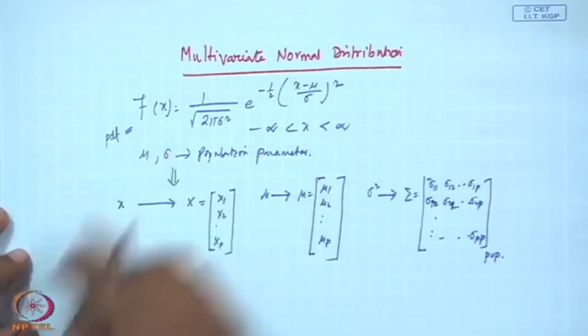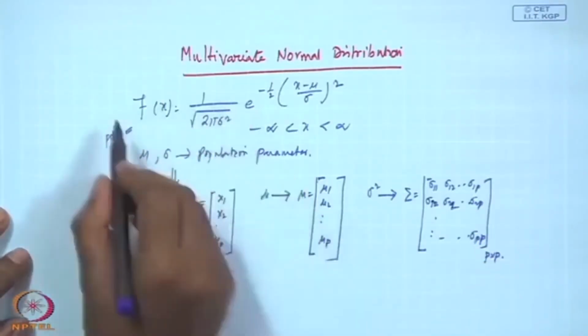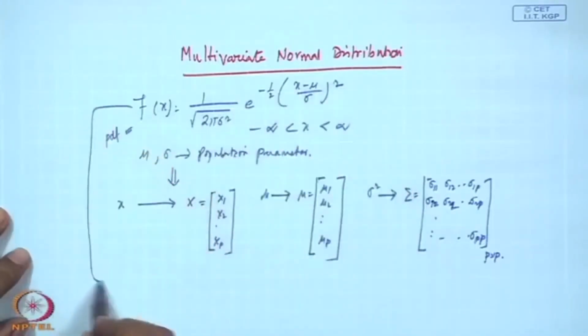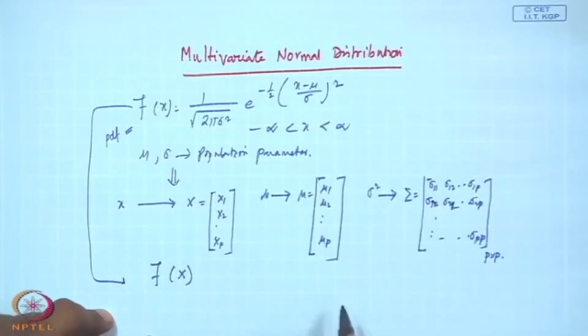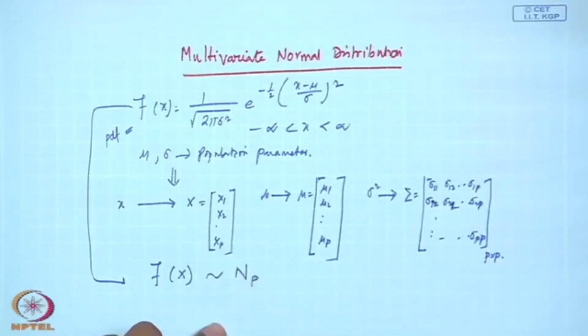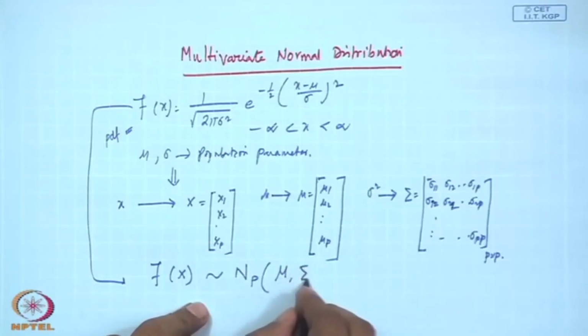So, that means by multivariate normal distribution, we want something which is f of x in terms of the number of variables p, the mean vector and the covariance matrix.